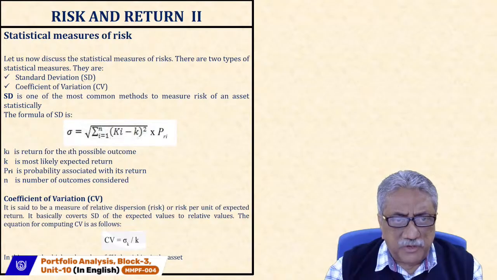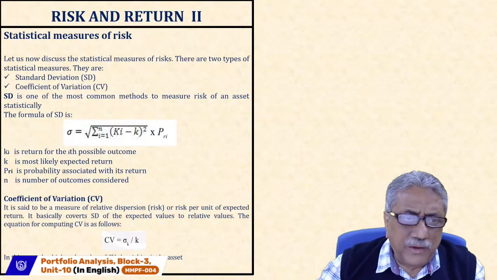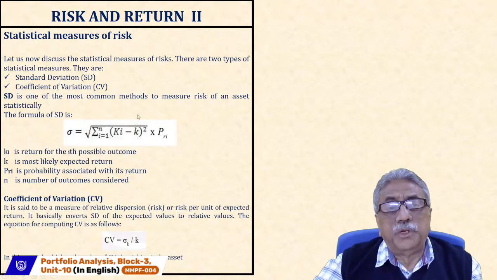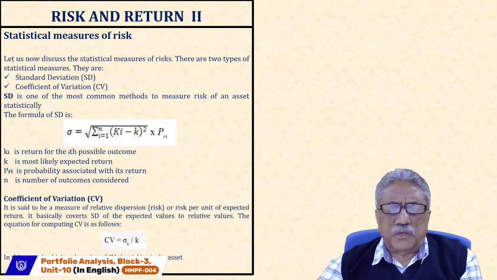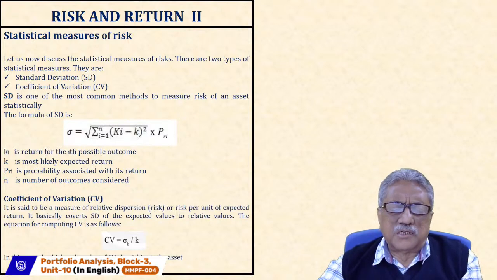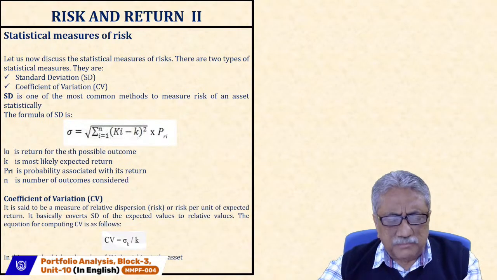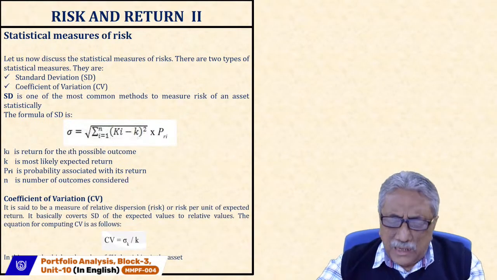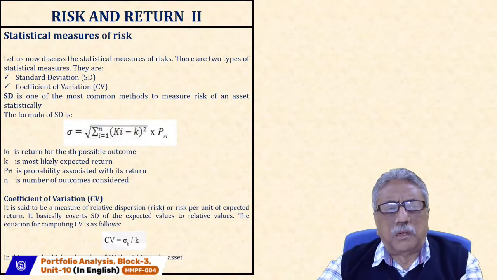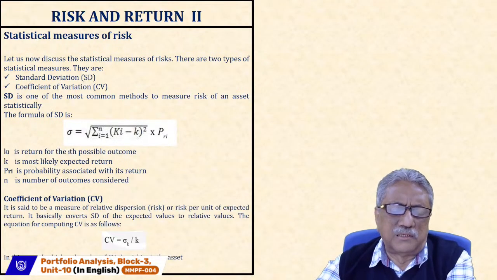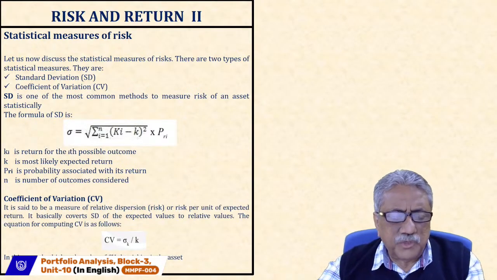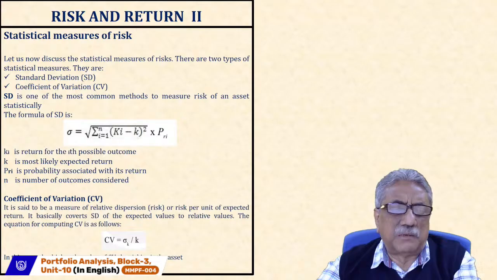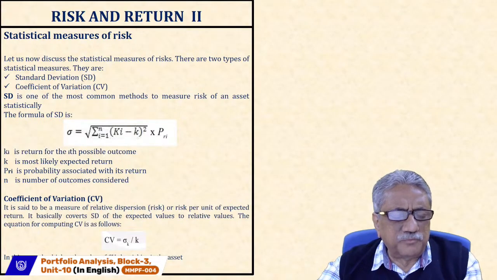Statistically, the formula I have given to you, let us try to understand in simple language. I am investing in Tata Steel. Tata Steel is supposed to give 12% return annualized. On the other hand, I am looking at another steel company, SAIL. SAIL is also a steel company supposed to be giving a return of around 12.